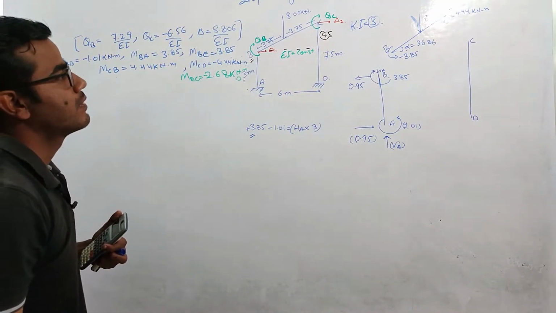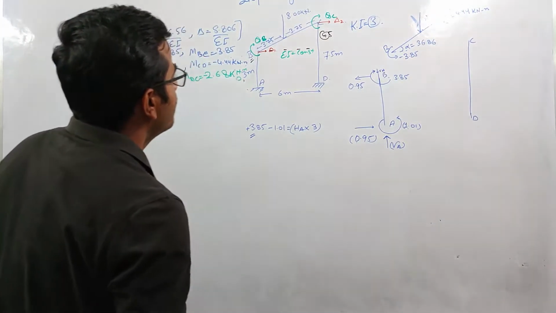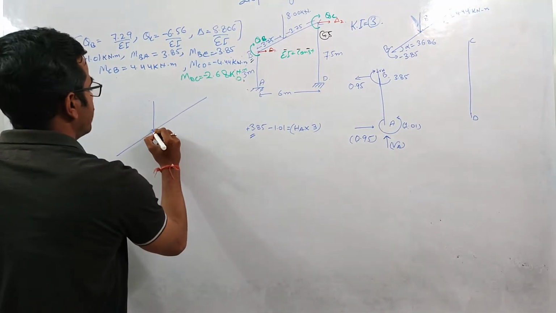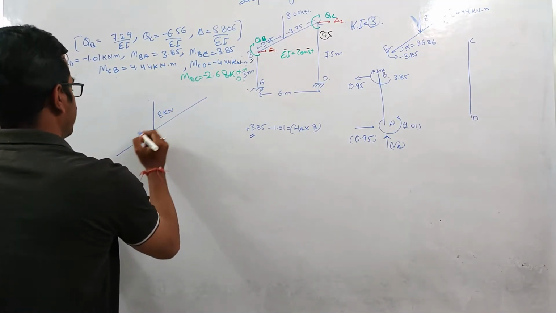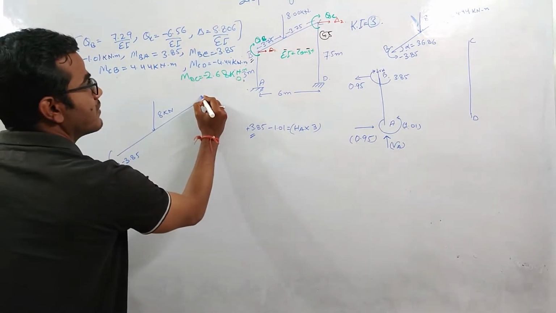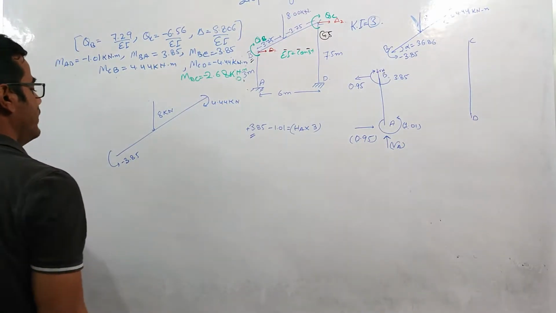Now if you look into this inclined beam, this is the 8 kilonewton force over here, this is minus 3.85, and this is 4.44 kilonewton meter over here.